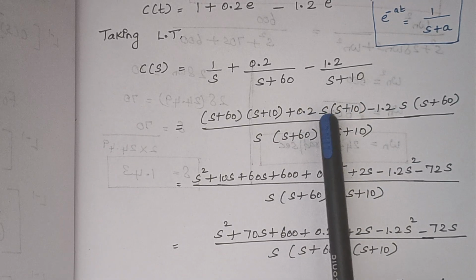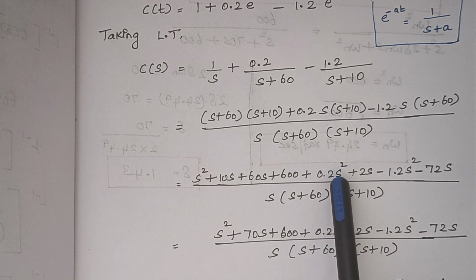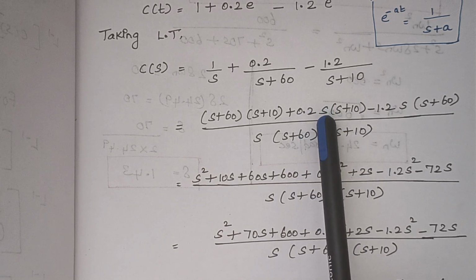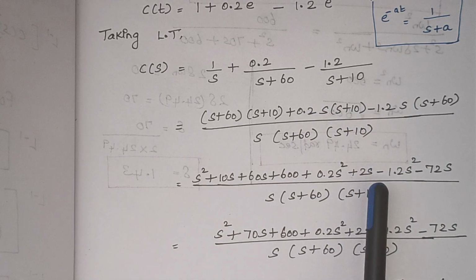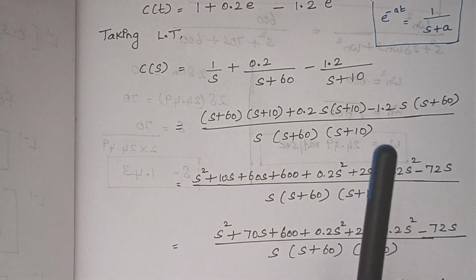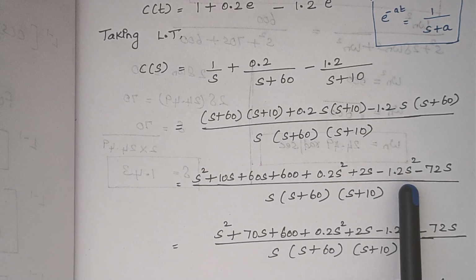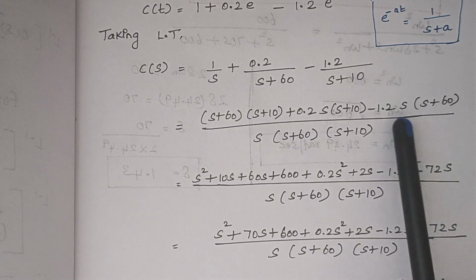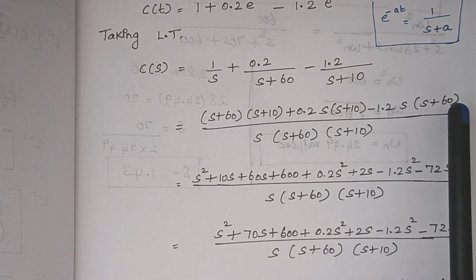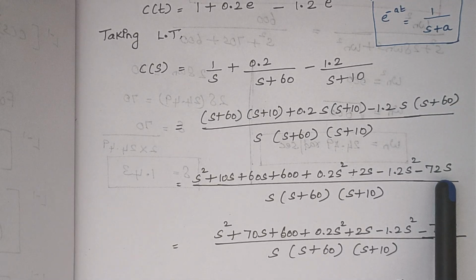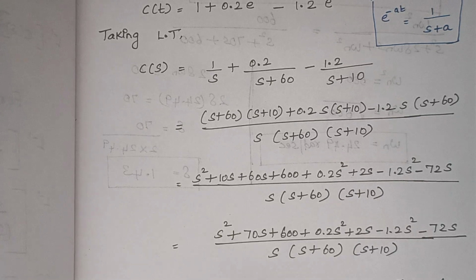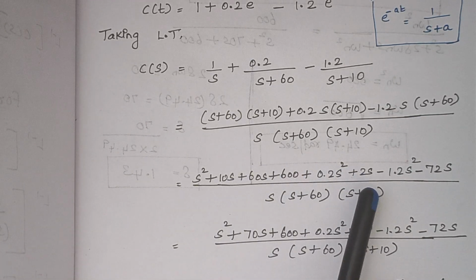So 0.2 s into s becomes 0.2 s square and 0.2 s into 10 becomes 2s, right? Minus again 1.2 s into s becomes 1.2 s square and minus 1.2 s into 60 becomes 72, so minus 72s, right?